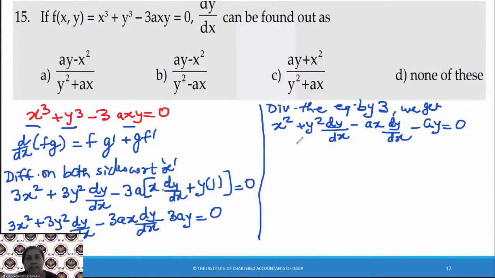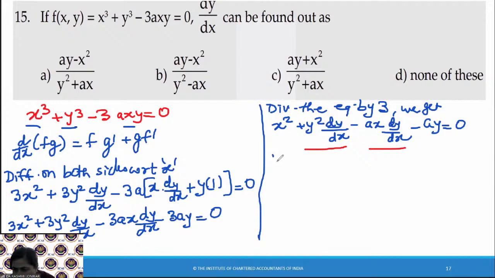Now I take all the dy by dx terms to the left hand side and all other terms to the right hand side. Which other terms in dy by dx? This is one term and this is the other term. So I will take them into the left hand side and the others on the right hand side.